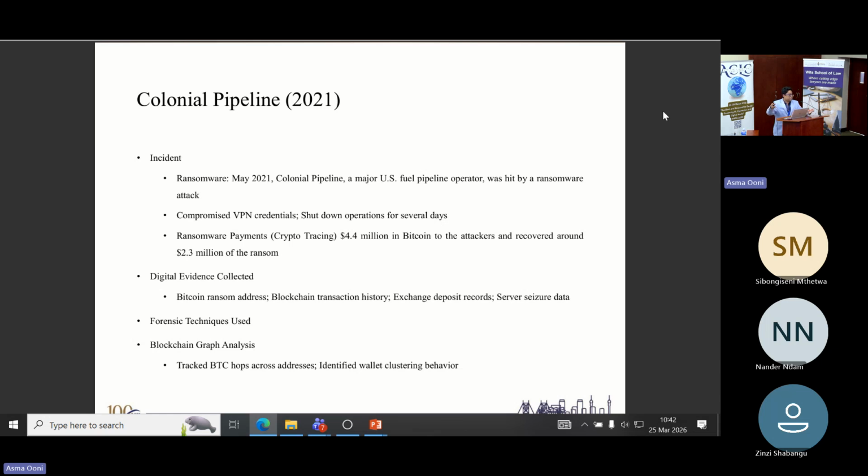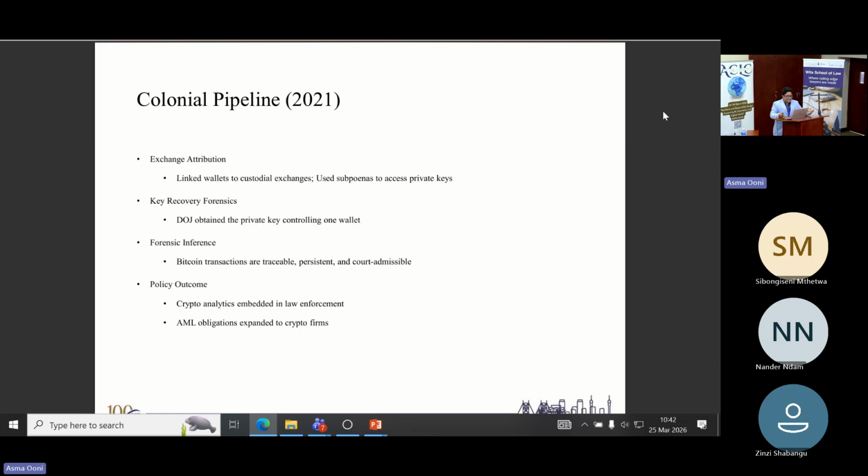As I said, this is readily available. And sometimes, for your wallet's privacy, there is a private key. Generally this is not shared. But since a crime has happened, they have the power to force that particular person to share the private key.